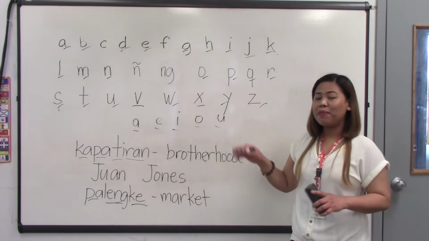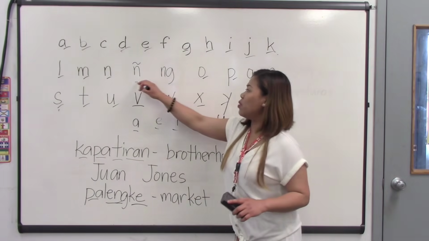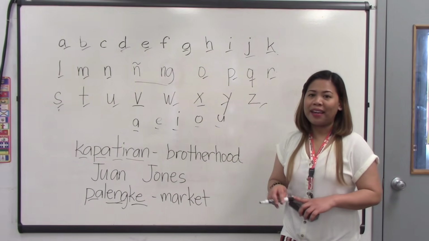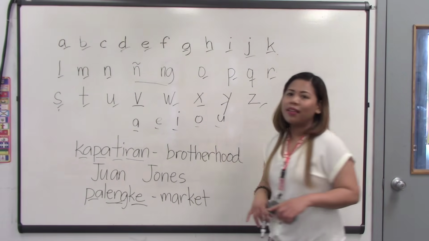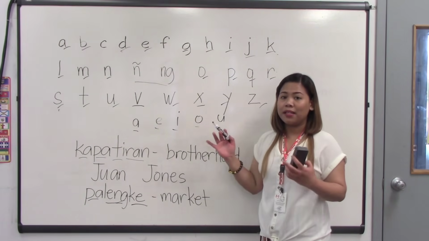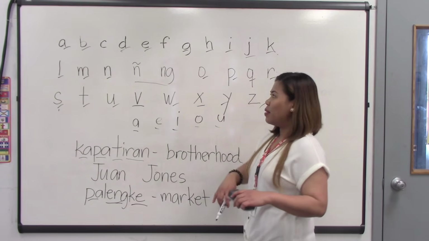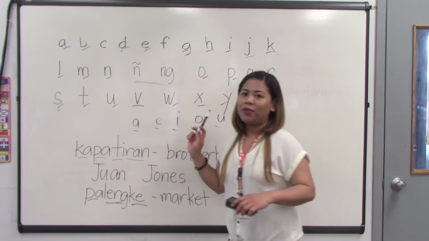Now let's try to sing the Filipino alphabet song. So it's like the ABCD, but since we have these two additional characters, it might be slightly different. So this is how we sing our ABCD in Filipino. So are you ready?